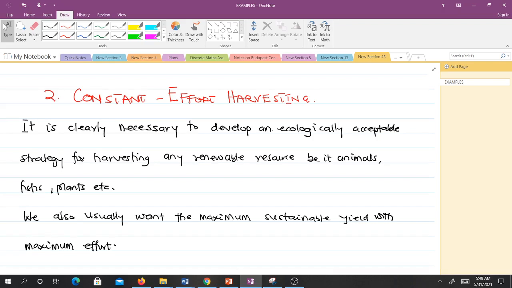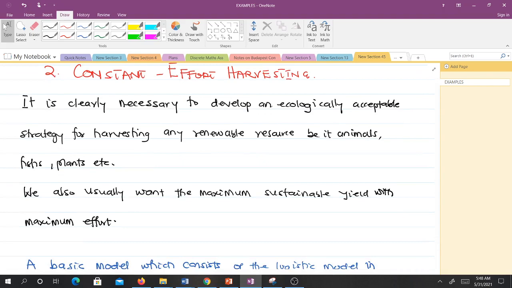With the constant effort harvesting, the yield that you get is proportional to the effort that you put in. So with this one, no particular number is specified for you. The number you get is based on the effort you put in place. Okay. So that's what we term as the constant effort harvesting.